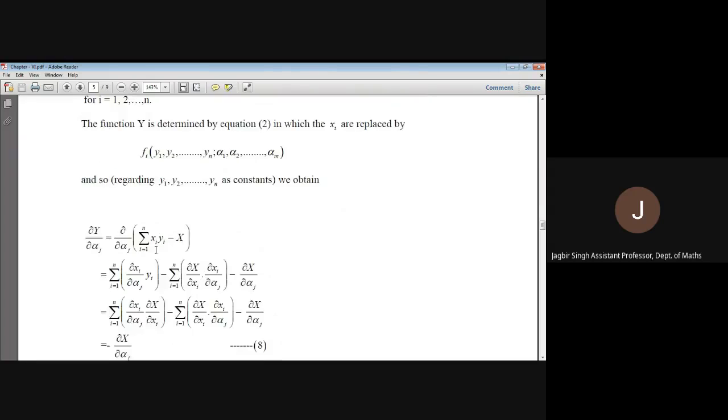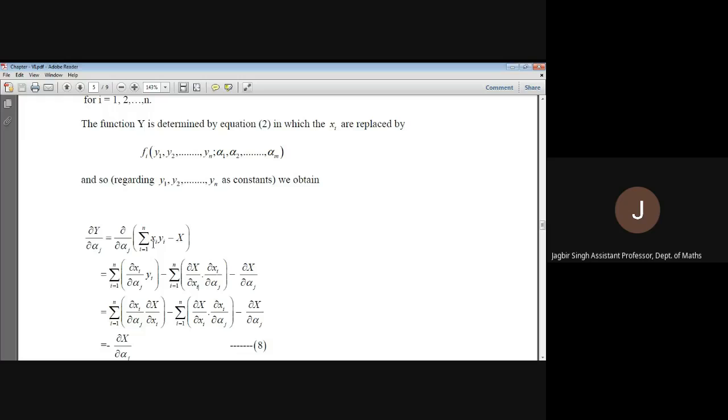So in this summation it will be the summation i from 1 to n of the partial derivative of xi with respect to alpha j into yi as it is, plus second, the summation i from 1 to n of xi as it is, but yi is a variable, so its partial derivative with respect to alpha j will be 0.